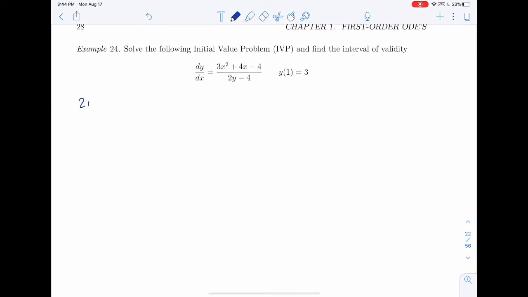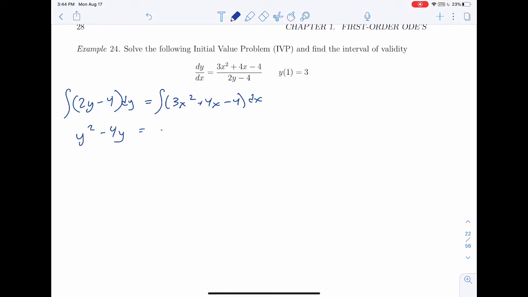I have 2y minus 4 dy equals 3x squared plus 4x minus 4 dx. And even integrating is pretty nice on this one. So I have y squared minus 4y is equal to x cubed plus 2x squared minus 4x plus c.